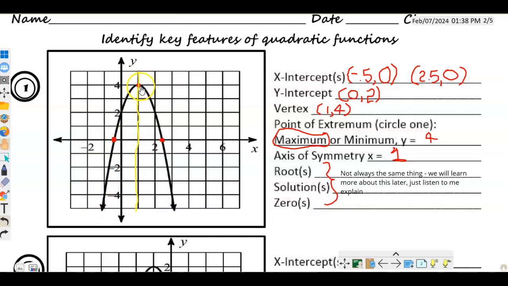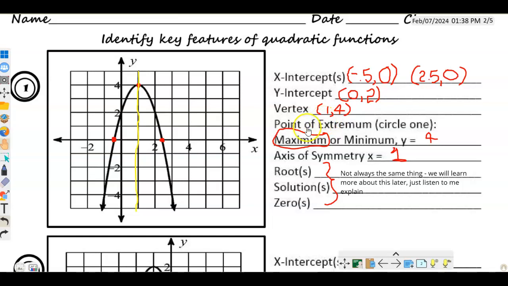And at the vertex, the direction changes, right? The graph turns, and as x is getting larger, y is getting smaller. So it's decreasing. So that is the vertex, and the point is x is 1 and y is 4. So you're going to note that as an ordered pair.